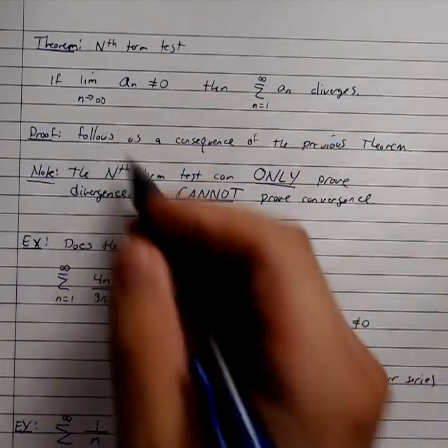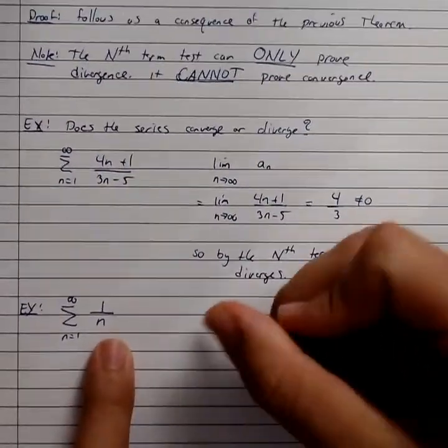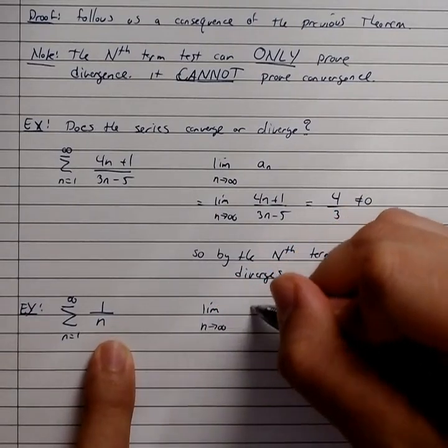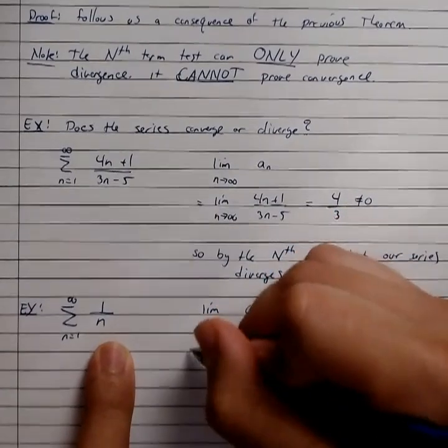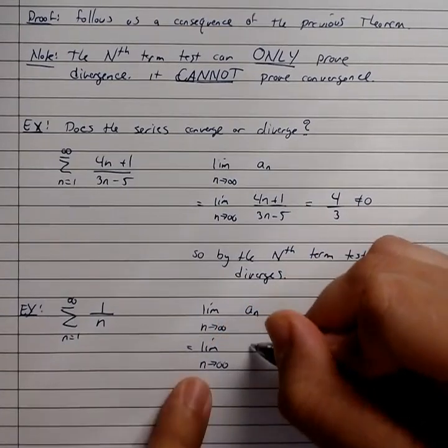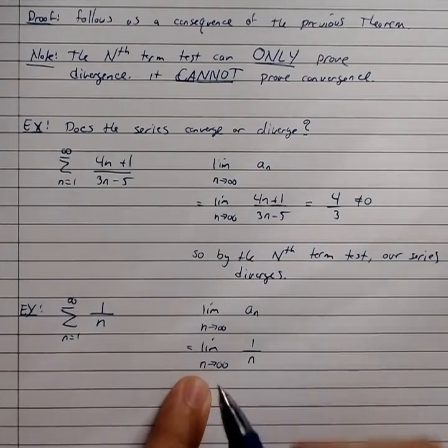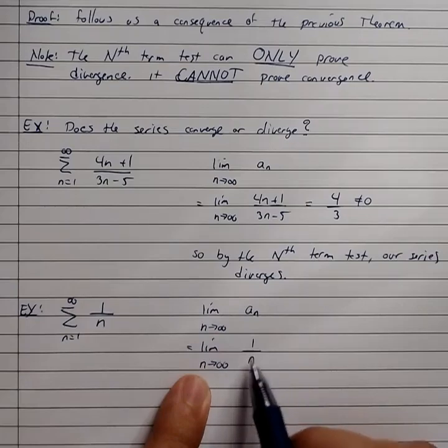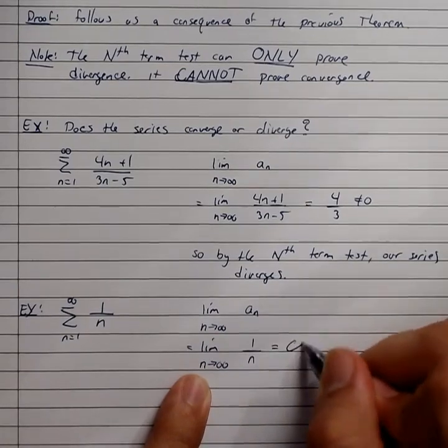Well, right now, let's say we're trying to use the nth term test. Let's take the limit as n approaches infinity of the nth term. Well, that's going to be the limit as n approaches infinity of 1 over n. And that one's nice and simple. As n approaches infinity, this becomes infinitely big, which means 1 over something infinitely big tends to 0.